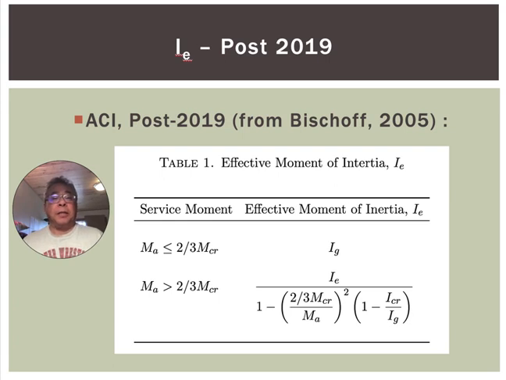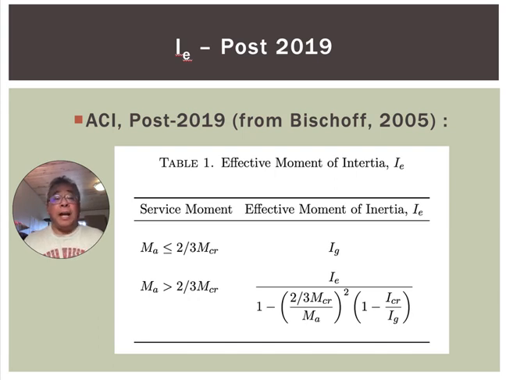Because in a T-beam, b is like 100 inches in the top, but b is like 16 inches on the bottom. And so in the negative and the positive regions, you get a different moment of inertia. On top of that, there's a different cracking moment for negative moment and positive moment.